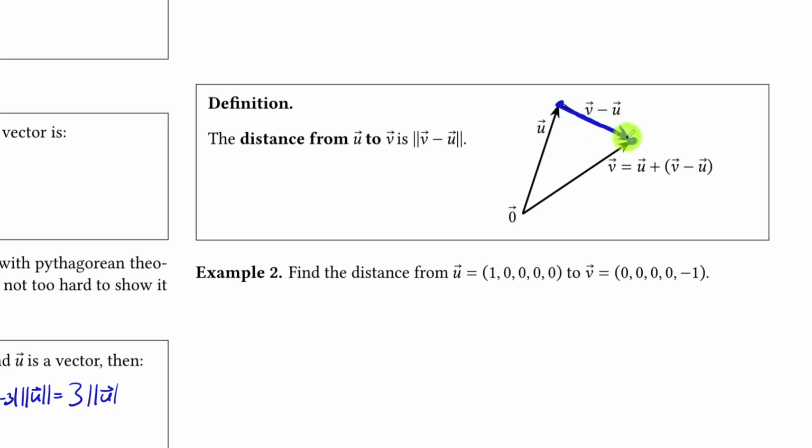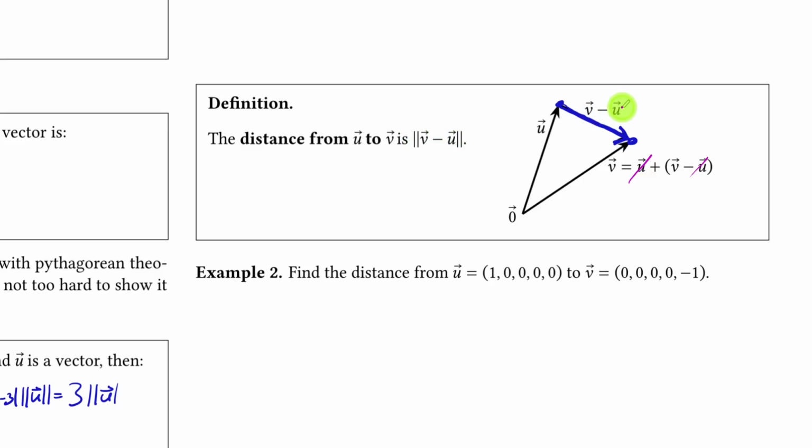That's the same as the length of this arrow, which is v minus u, because when you do u plus v minus u, connecting them tip to tail, the u cancels out. So the length of the vector v minus u is the distance from u to v.